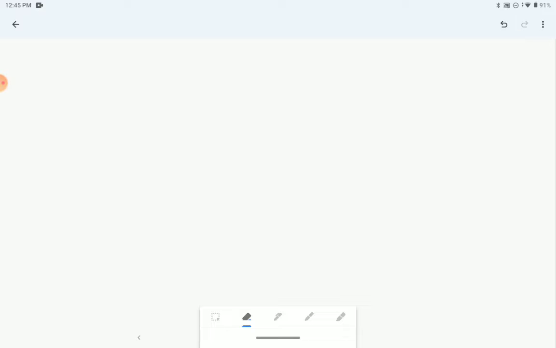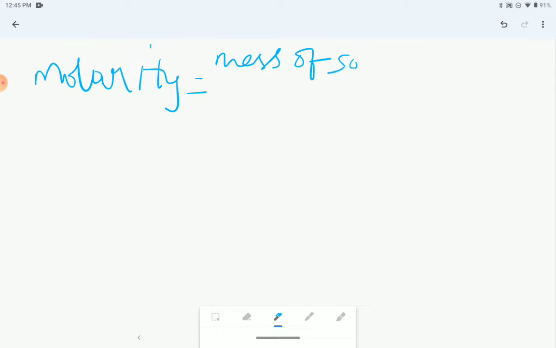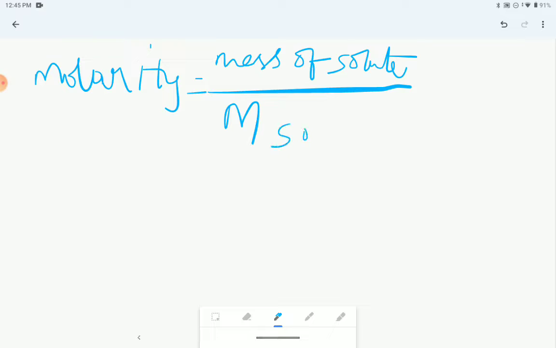And now we have the molarity formula as mass of solute by molar mass of that solute, into 1000 by V in milliliters, since here we obtained volume in milliliters, that is 80 ml.